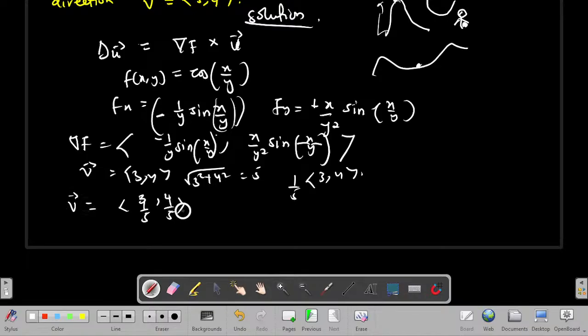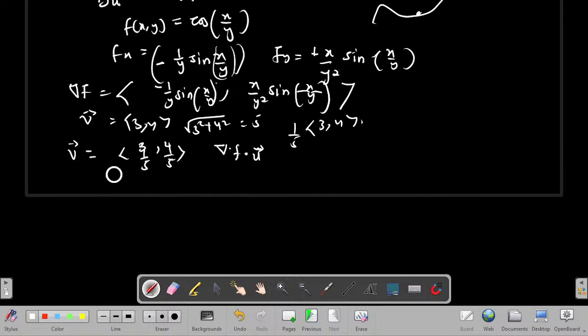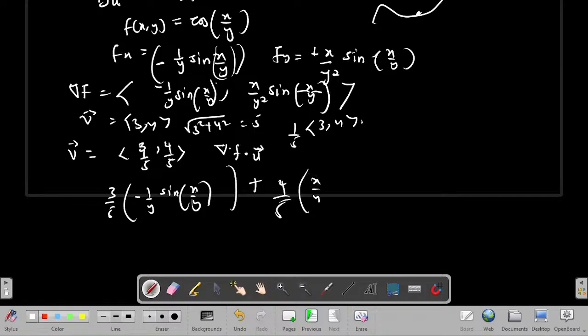Once I have this, what do I do? I simply find the dot product, which means fx times the x component plus fy times the y component.